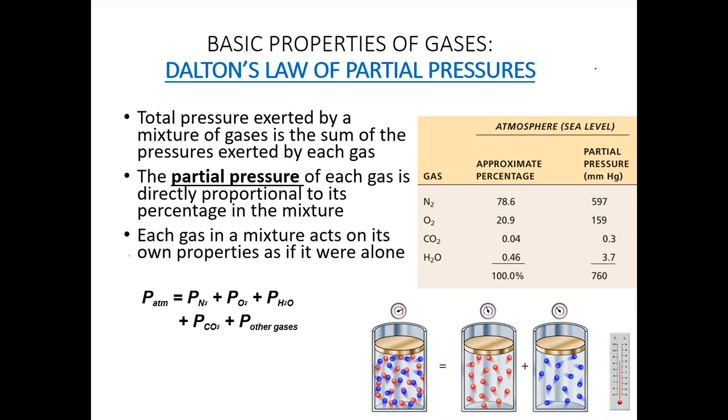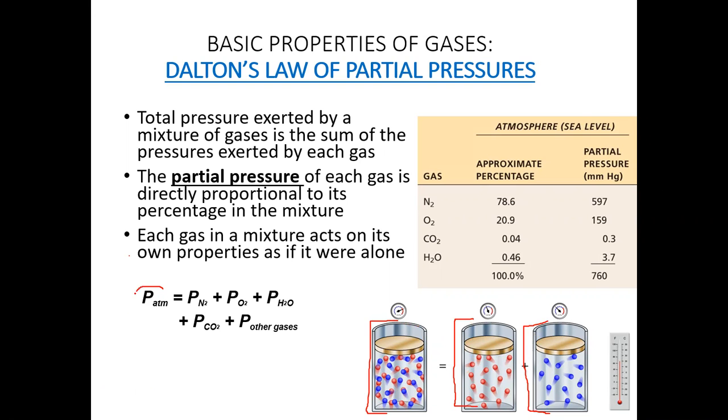That is, every single gas, oxygen or CO2 or nitrogen, they all exert their own pressure on our bodies, on our lungs, on our house, whatever. They exert pressure on everything. And so as we can see over here, the pressure of this particular red gas and the pressure of this particular blue gas ultimately add up to be the total pressure of the air that these two gases are making up.